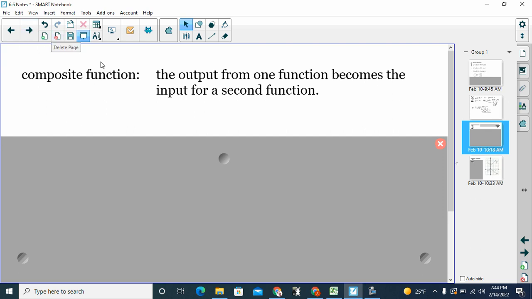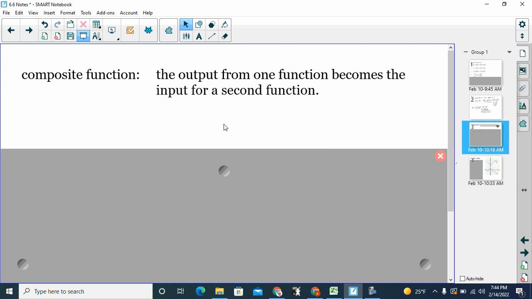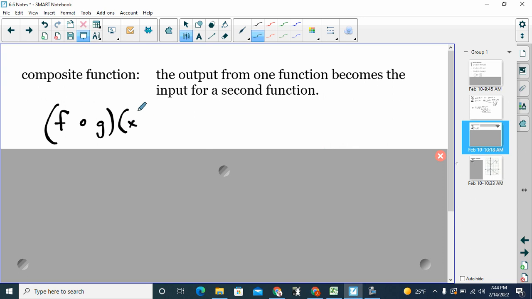The way function composition looks, the notation that we use, is again written two different ways. The first way is we have f, and we use a little open circle there, g of x. This is read f of g of x.